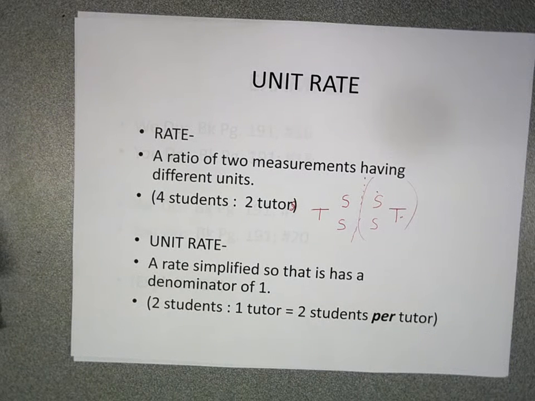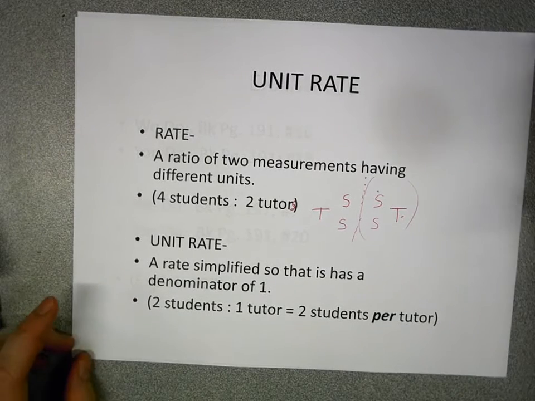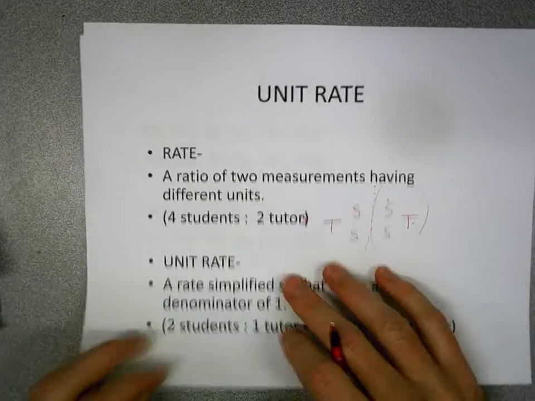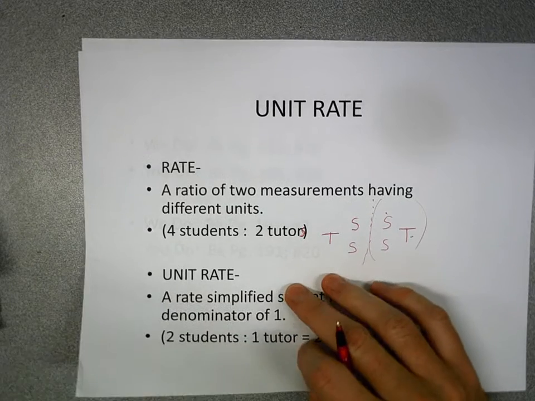I didn't know that would be a hard question. Sorry, guys. I didn't mean to stump you on that. Yes, miles per hour. That is a unit rate. Carpooling is not a unit rate. There's no 2 units to it. Okay, so we're going to be dealing with unit rates today.